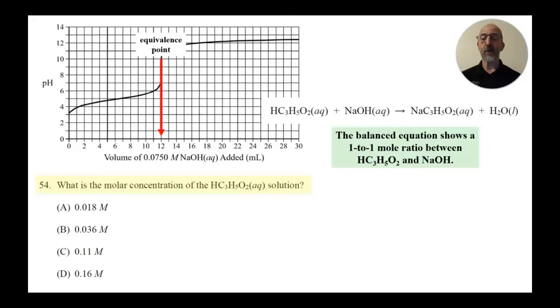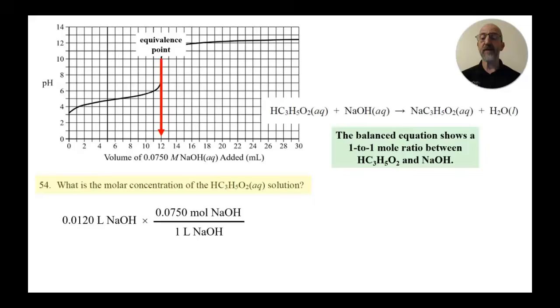Let's take the equivalence point, which would be after 12 milliliters of the 0.0750 molar sodium hydroxide, and if we know the volume and we know the concentration, then we can calculate the number of moles. So the volume would be 12 milliliters or 0.012 liters. The concentration of the sodium hydroxide is 0.0750 moles per liter.